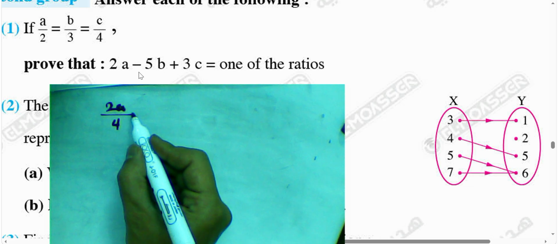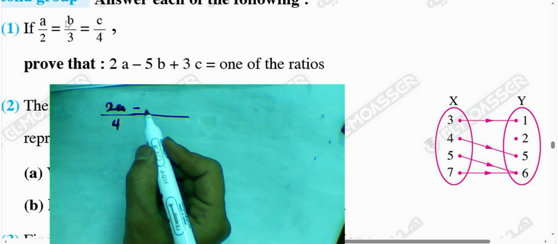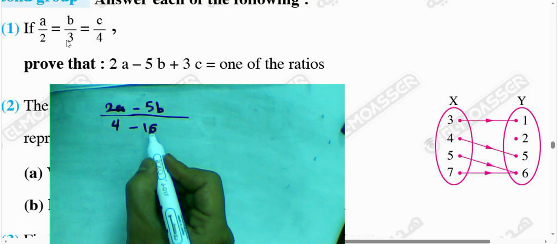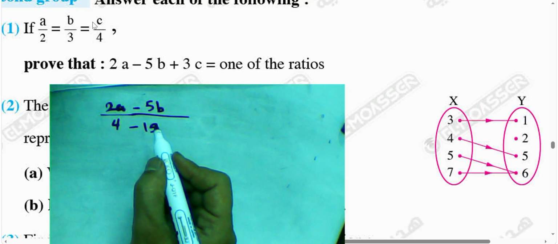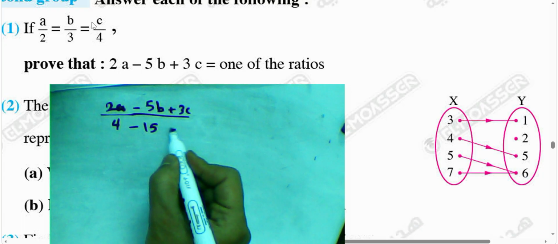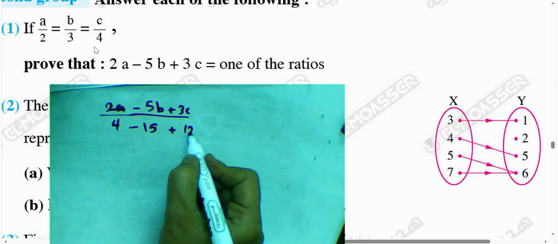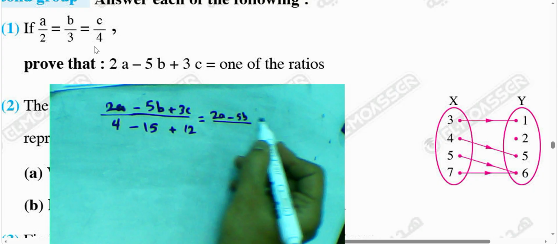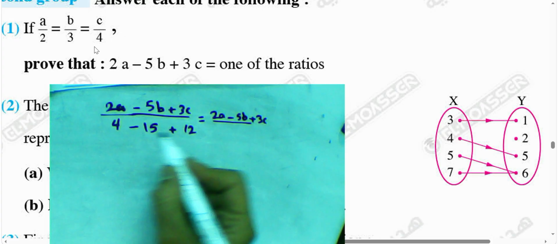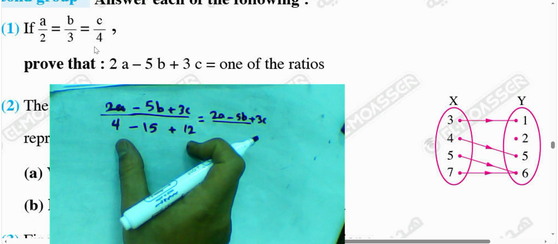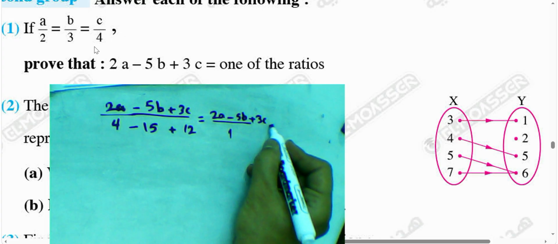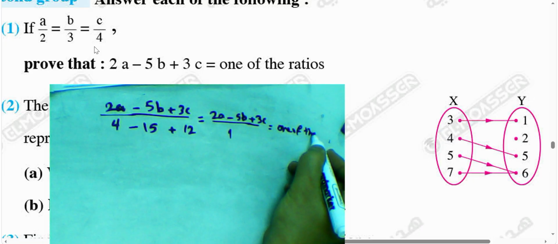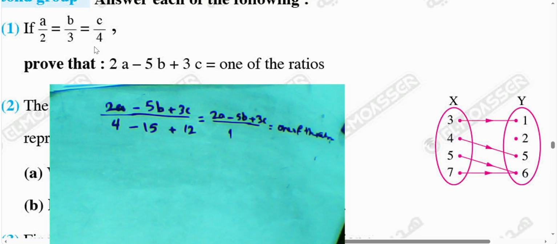Then subtract 5b: negative 3 times 5, negative 15. Then 3c, and down 3 times 4 equals 12. It equals 2a minus 5b plus 3c. 4 plus 12 is 16, minus 15 equals 1. Equal 1 of the ratio. The answer will be equal 1 of the ratio.